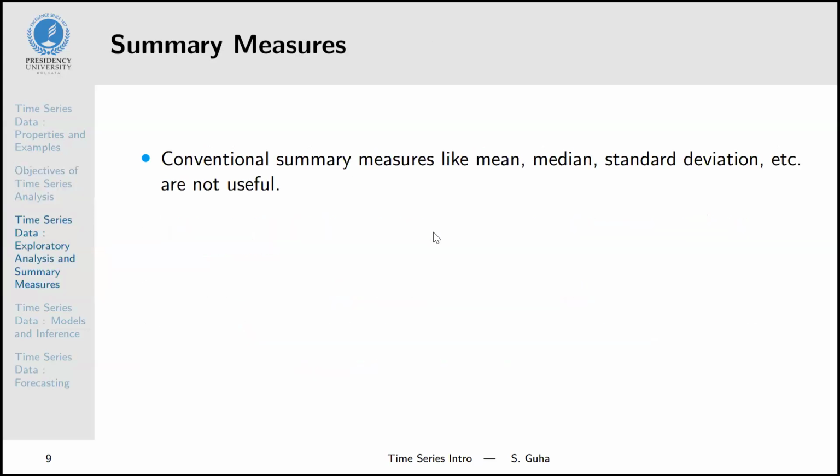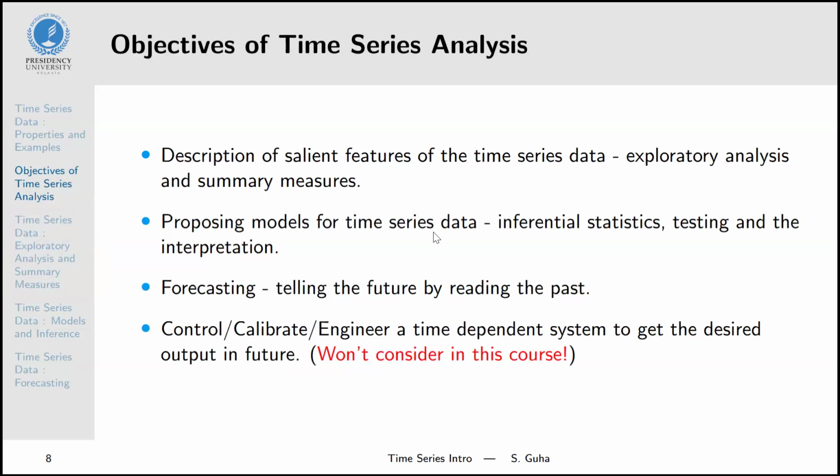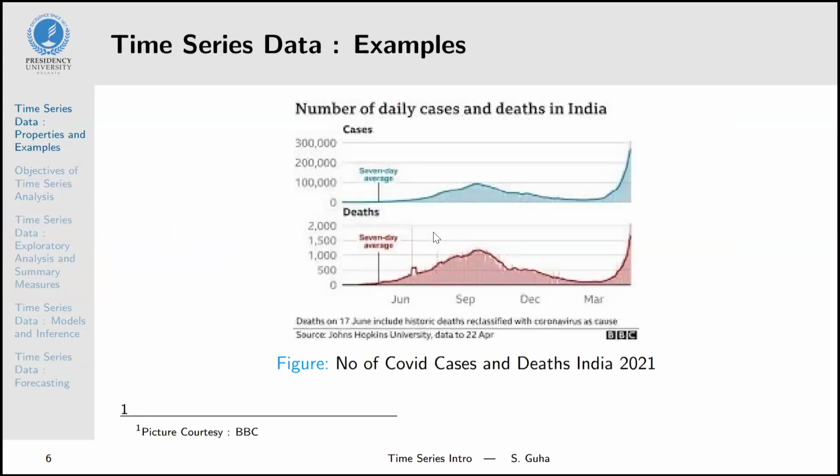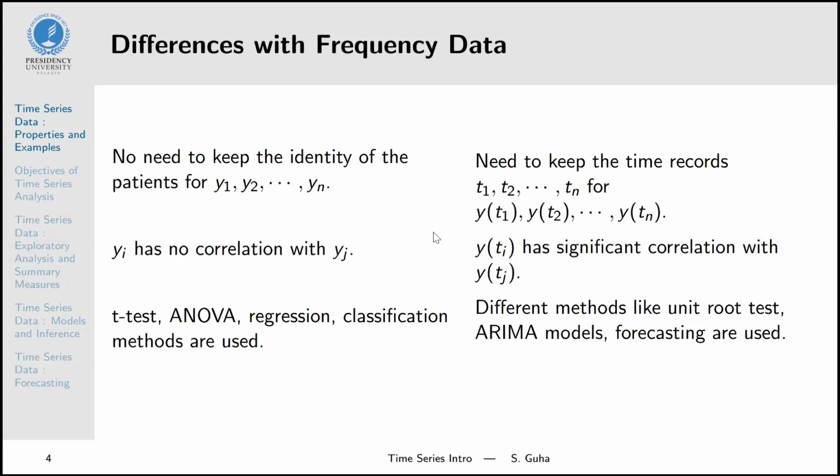So now let us talk about the basic summary measures associated with time series data. Before proceeding further, I just want to tell you one thing. Although I have told you that I am working with time series data Y_t1, Y_t2, ..., Y_tn, in this course I'll always be assuming that these t1, t2, ..., tn are equispaced.